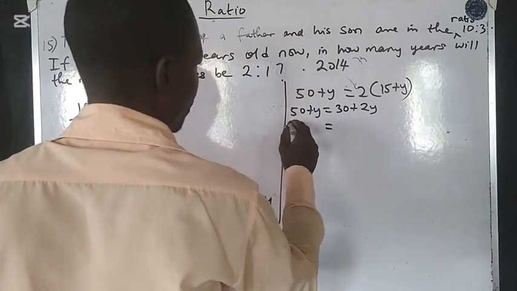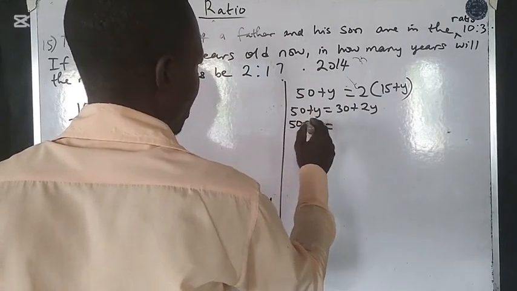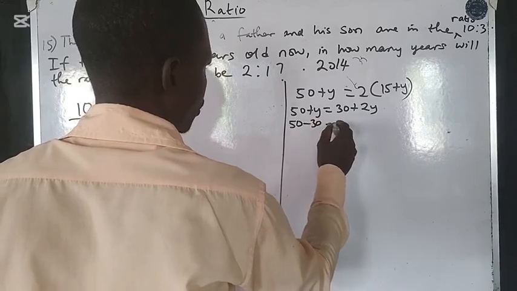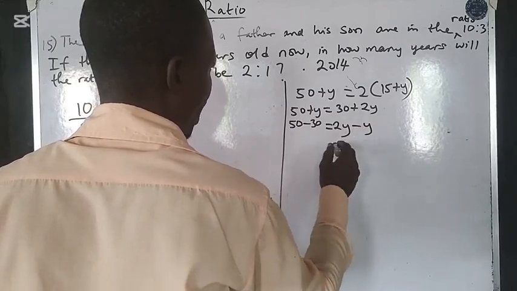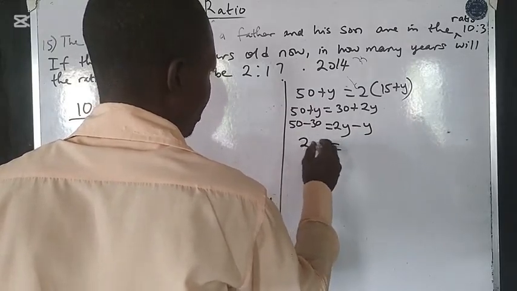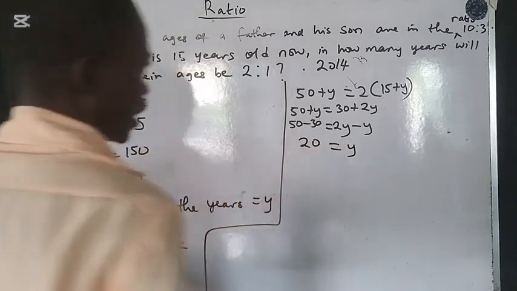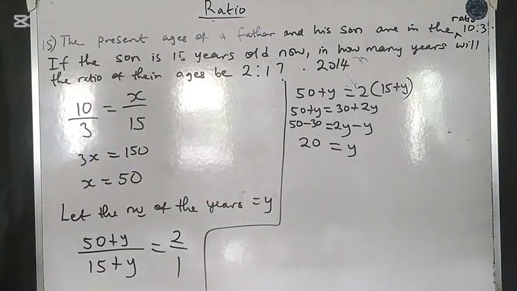Then 50 is on this side, 30 is coming here as minus 30, 2y is here, y is coming here and becomes minus y. Then we have 20 equals y. That means in 20 years' time, the ratio of the father's age to the son's age will be 2:1. So our answer is 20 and we are correct.